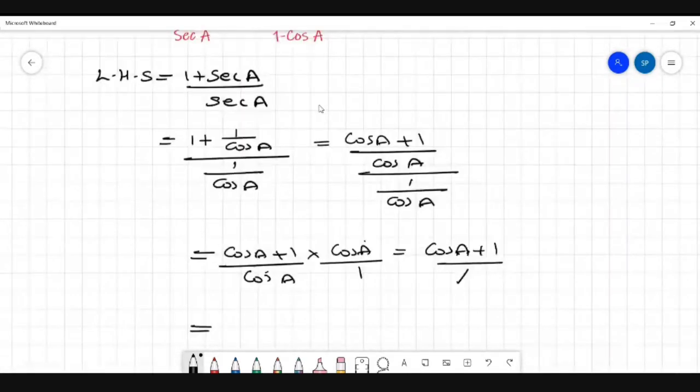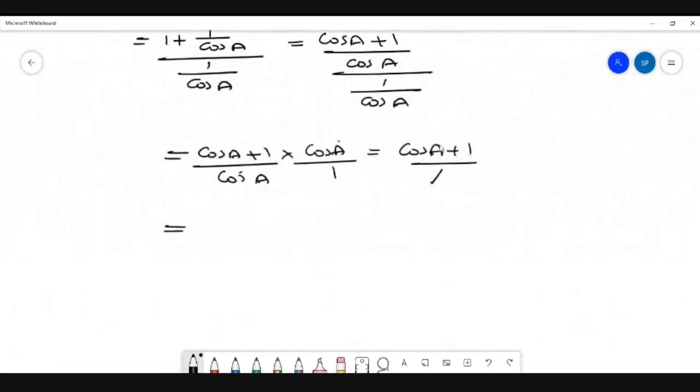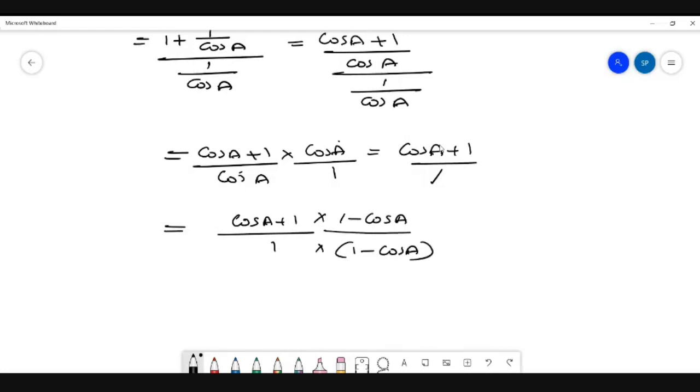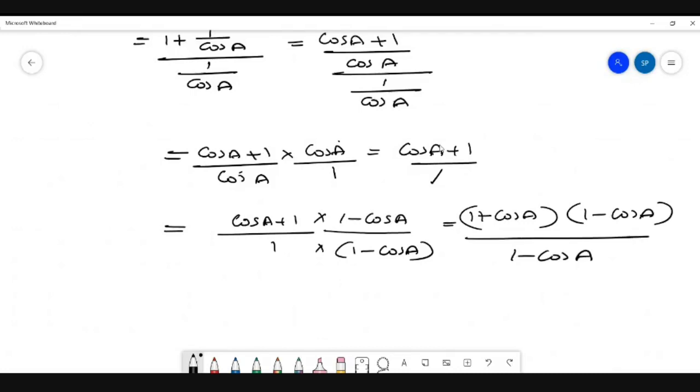So to get the denominator as 1 minus cos a, we multiply numerator and denominator with 1 minus cos a, because in the right hand side we have 1 minus cos a in the denominator. So now it can be written as 1 plus cos a into 1 minus cos a divided by 1 minus cos a.